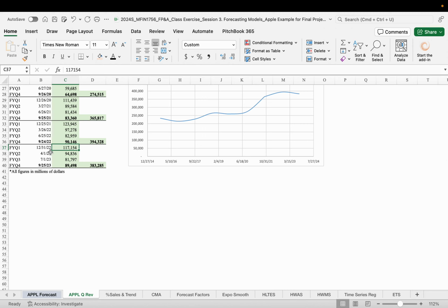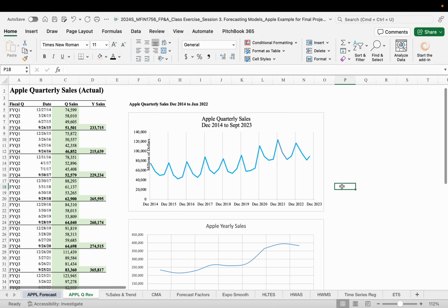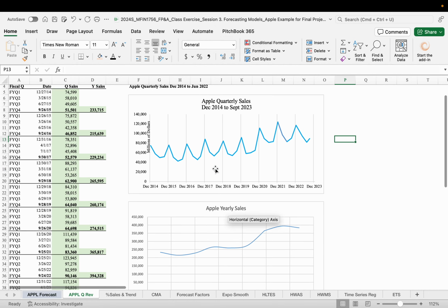For example, the quarter ending December 31st, 2022, fiscal quarter one, is the highest among these four quarters, right? Because they sell more products in Black Friday, Thanksgiving, holidays, or the Christmas season. So here you see some seasonality.